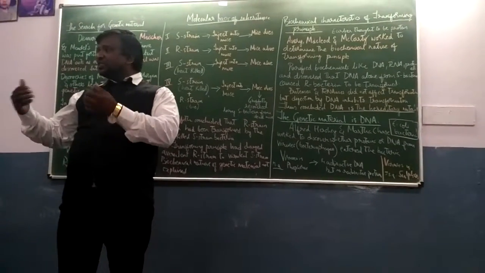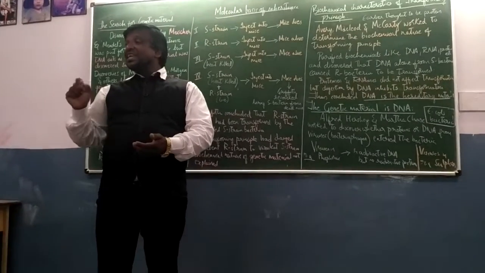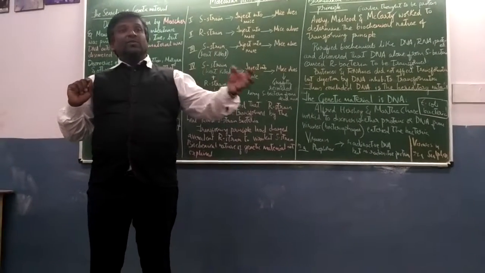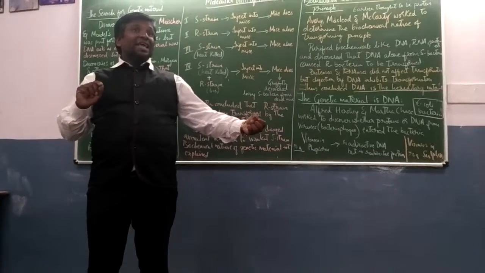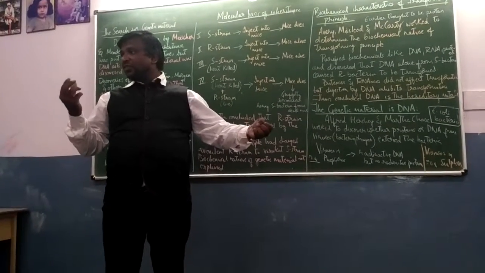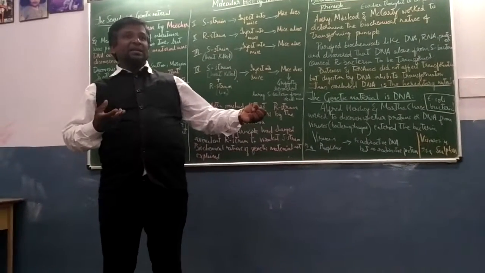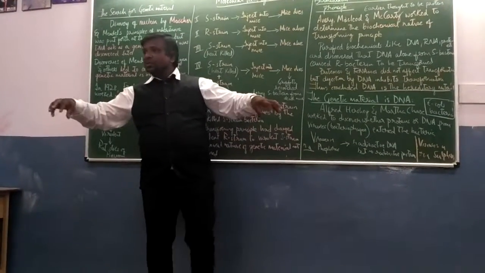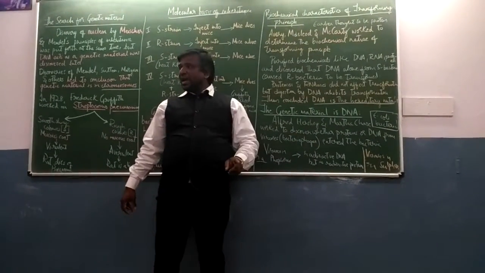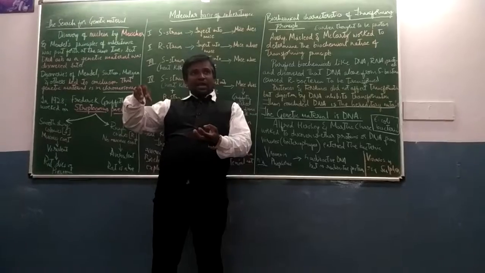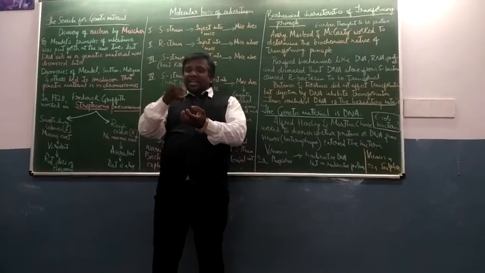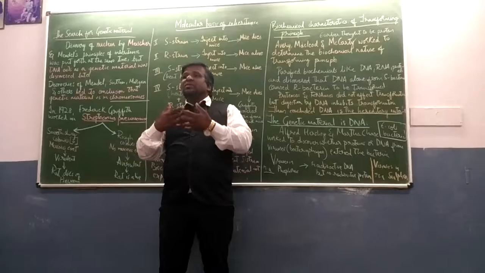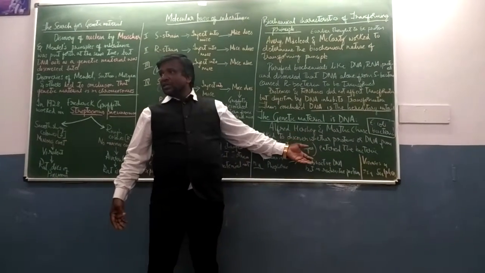They noticed that the viruses exposed to radioactive phosphorus had radioactive DNA. When the virus with radioactive DNA infected, the DNA material entered and amalgamated with the bacterial DNA. But the protein remains outside.